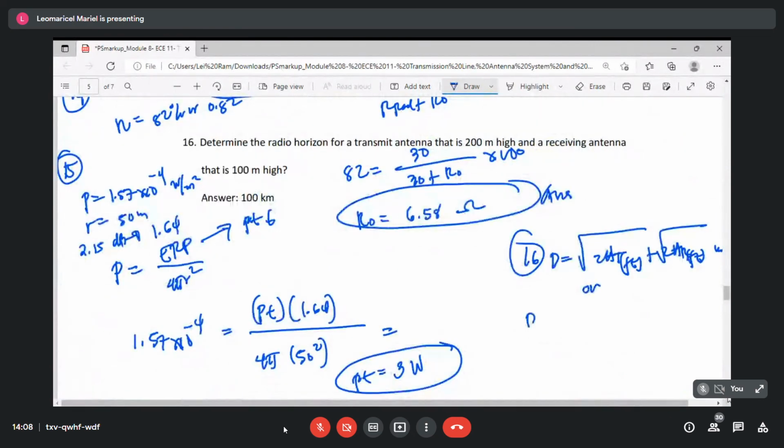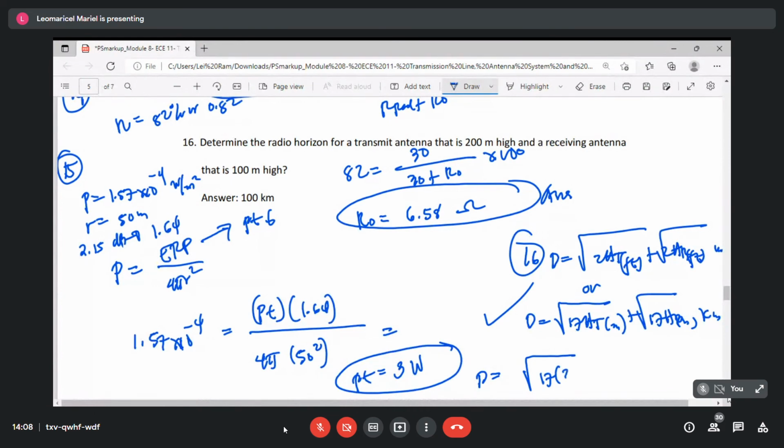Or, pwede din namang D will be square root of 17 HT in meter plus square root of 17 HR in meter, naka-kilometer na yon. So since ang hinahanap ay naka-meter siya, ito gagamitin yung formula. So the radio horizon distance will be square root of 17 times 200 plus square root of 17 times 100. Yung naka-kilometer na lang.